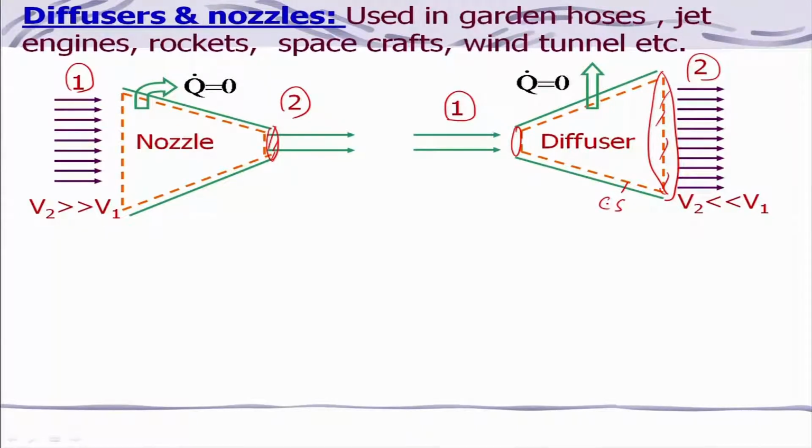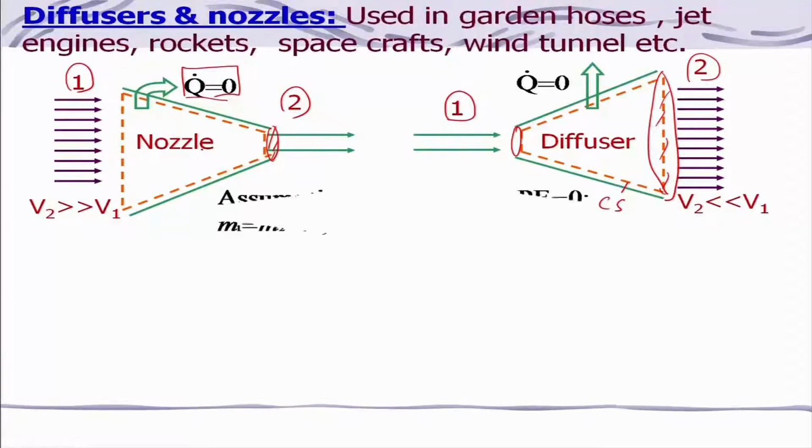Already we have made one assumption, that the heat transfer during this process, when the fluid is moving through the nozzle, is 0. Why? Because the velocity will be very high, so the residence time will be very low for heat transfer to take place.